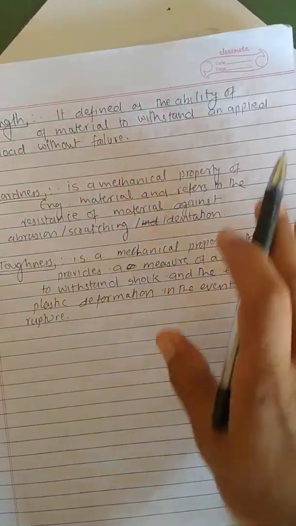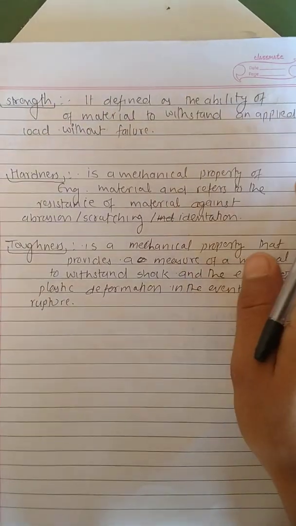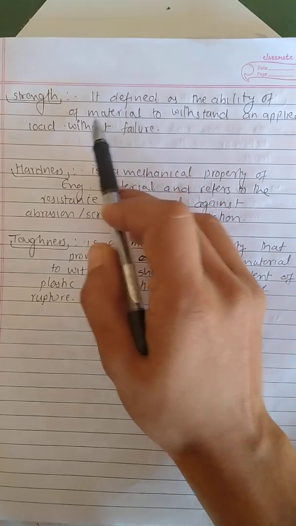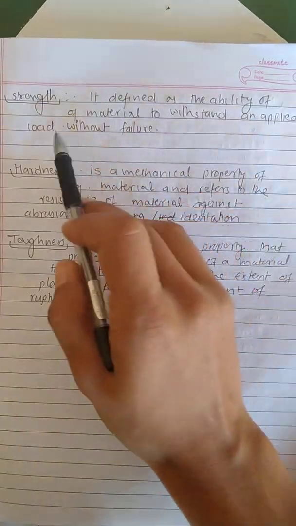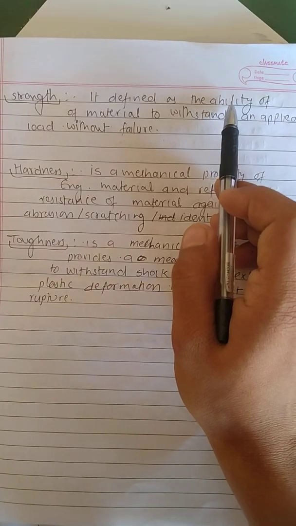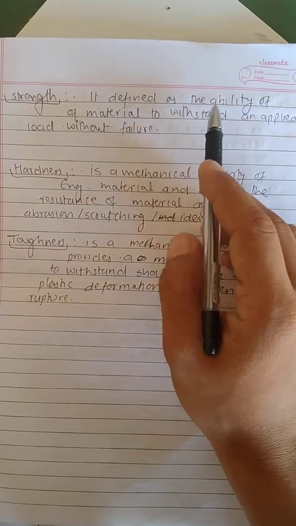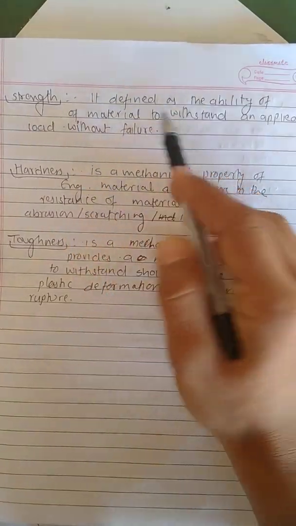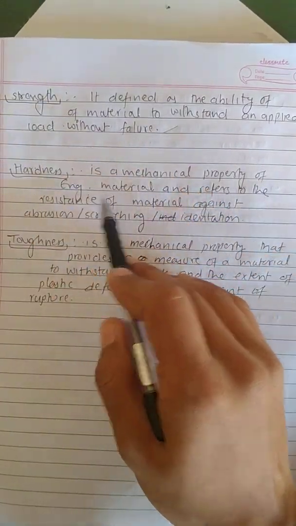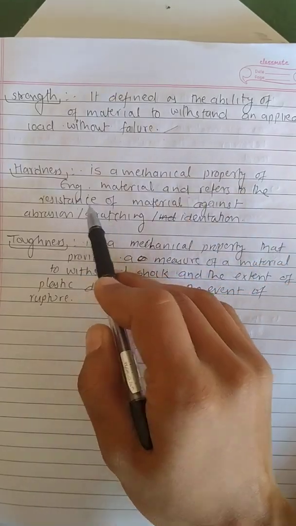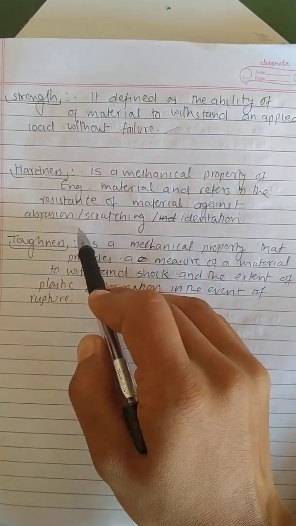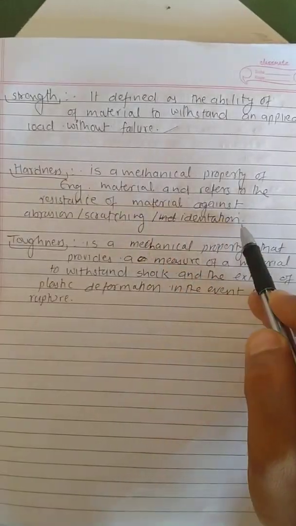Okay, guys. I will just write the definition of some of them. Strength is defined as the ability of material to withstand an applied load without failure. Hardness is a mechanical property of engineering material and refers to the resistance of material against abrasion, scratching or indentation.